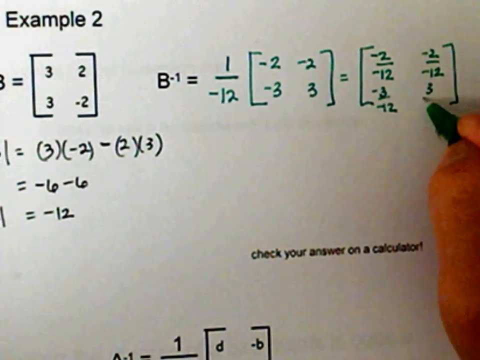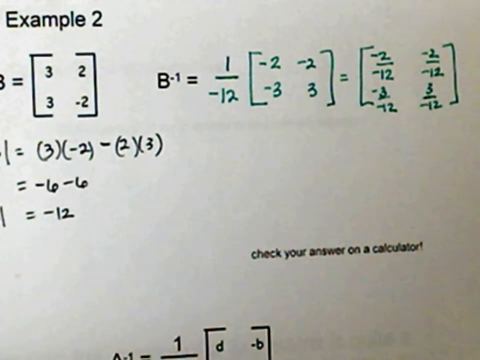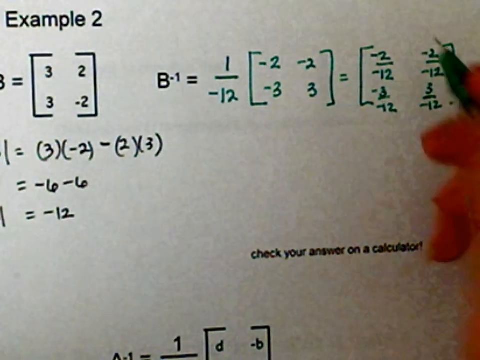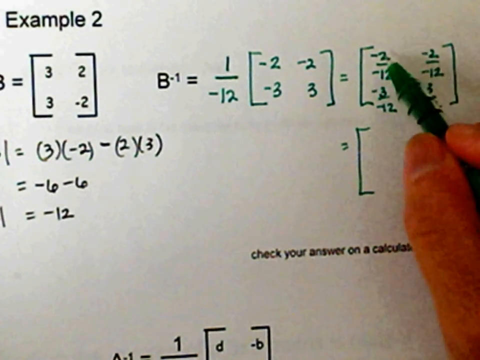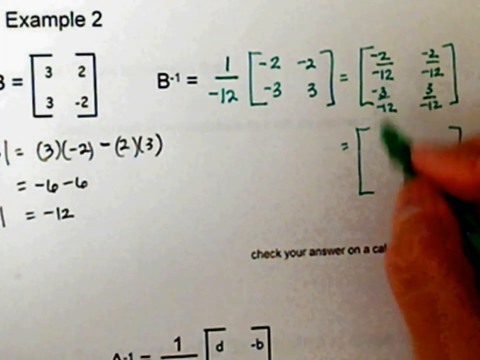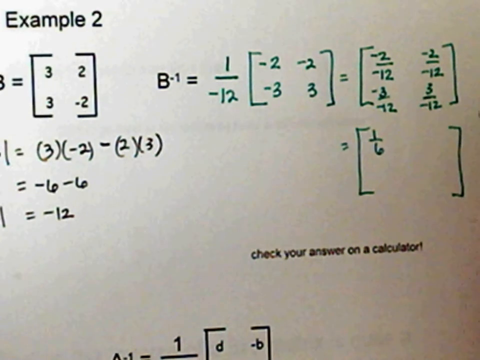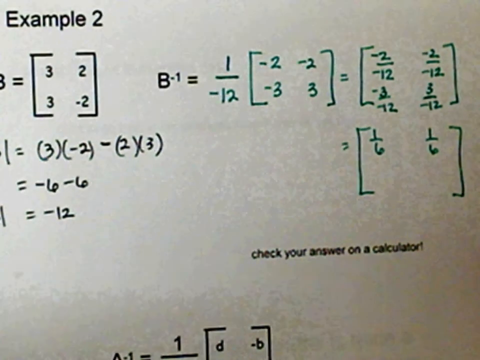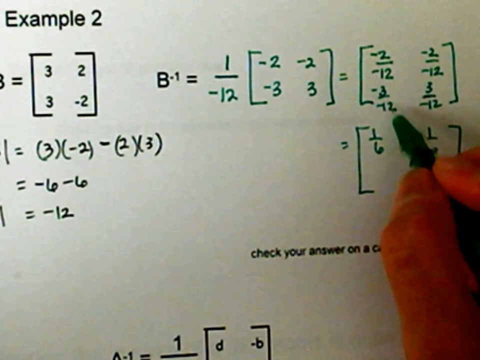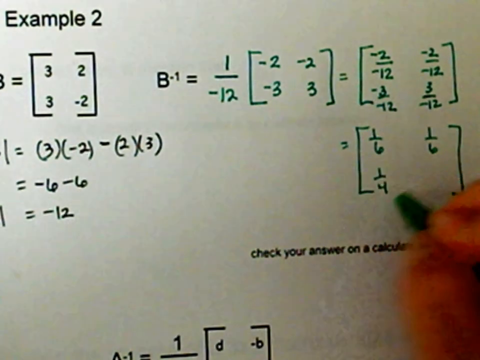Just remember learning how to multiply your fractions. Now let's simplify. Negative 2 divided by negative 12 reduces to 1/6. Same for A12. Okay. Negative 3 divided by negative 12 is 1/4. And this one is negative 1/4.